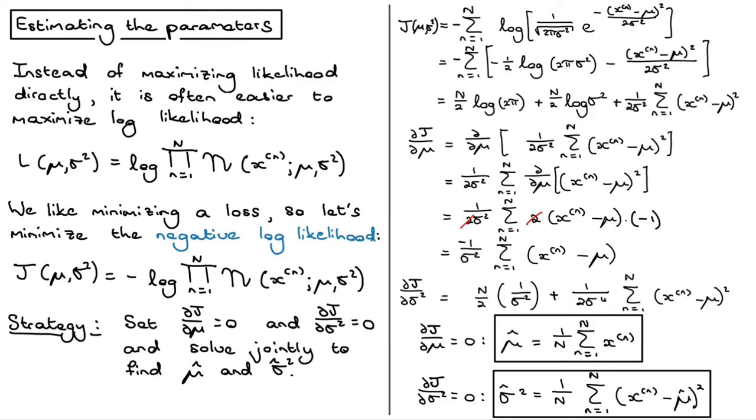So this equation here actually matches the sample mean from earlier in the video exactly. If you remember from your statistics class, normally for the sample variance we have a minus 1, where now we just have a 1 over n. And this sample variance with the minus 1 in it is an unbiased estimate of the variance.